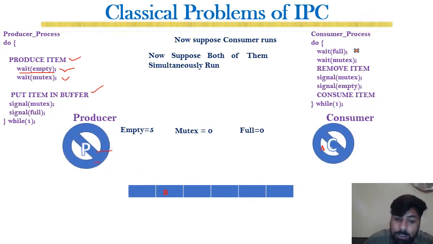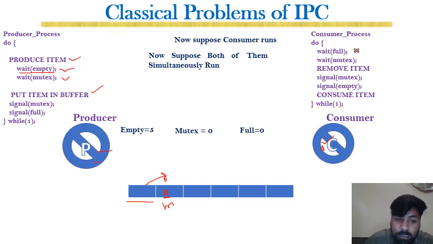Previously, one operation had been performed and a value was inserted and then removed by the consumer in the form of A. The next value will be inserted in the next place, because the in pointer is here, and similarly the out pointer is also here too. So do not confuse here.